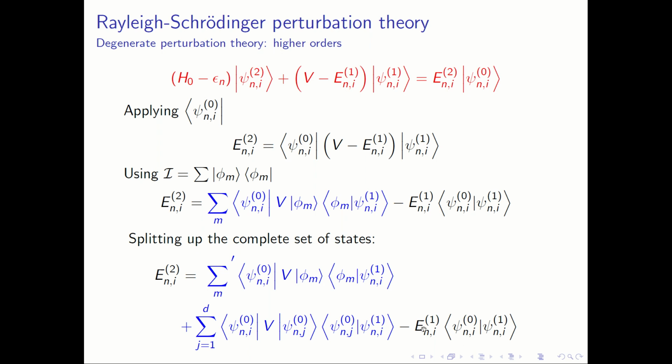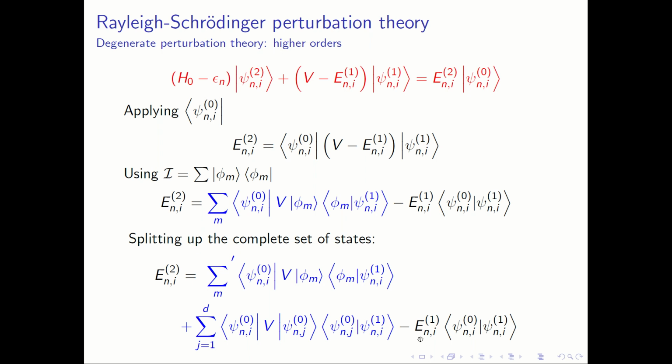So these psi 0 nj, psi 1 ni projections are very much there, and these are the things which perturbation theory has not been able to tell us, right? Remember, the projection of the first order correction in the direction of any one of the vectors in the degenerate space is something you cannot find out, because the first order equation simply became trivially 0 equal to 0 for that.